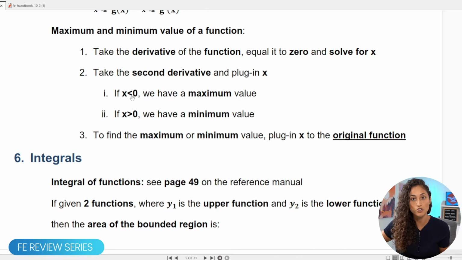If it is less than 0, then we have a maximum value. And if it is greater than 0, then we have a minimum value. But we're not done yet. This just tells us if we have a maximum or minimum. It doesn't really give us the maximum value. To find the maximum and the minimum value, we have to plug the x into the original function.